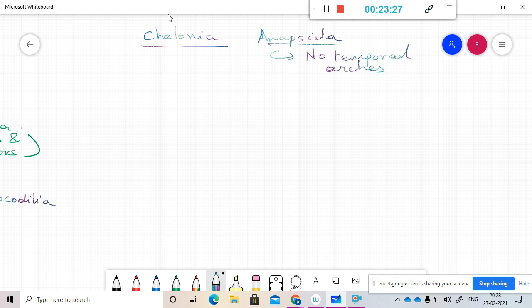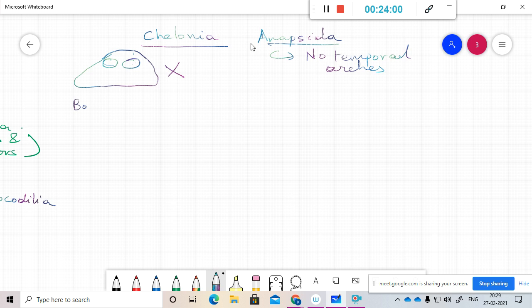If you look at a skull, this is the temporal bone above your nose. In diapsid skulls, you have two holes there. They are known as diapsida. And in anapsida, you don't have temporal arches, you don't have any holes. So this is the character of anapsids.